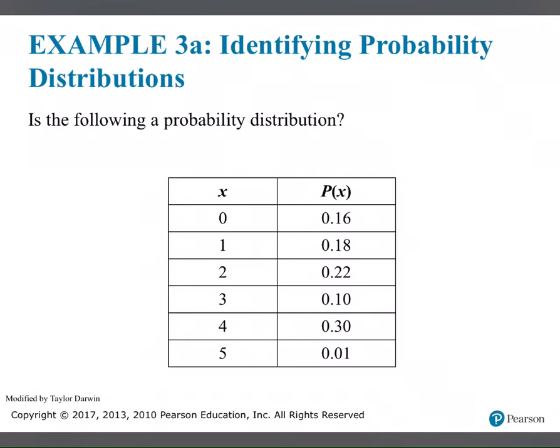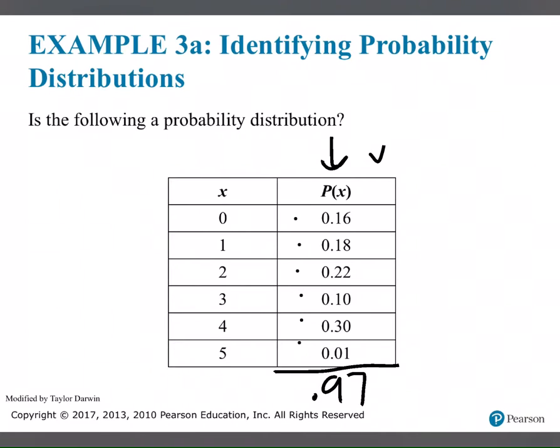First off, all these probability values are between 0 and 1, so we're good there. And if I add up all these values, 0.16, 0.18, every single one of them, I will get 0.97.